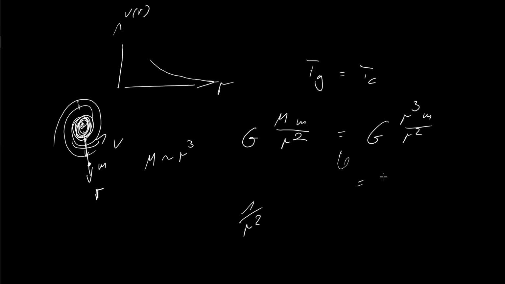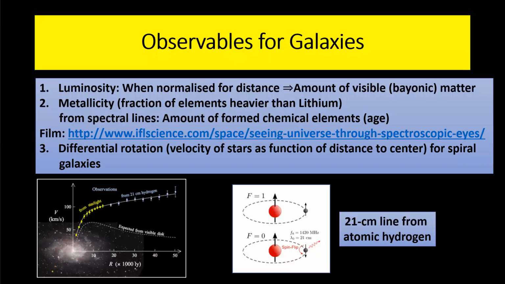So that would be proportional to r on the inside, just a straight curve, and then some bend-over region. So this is our expected curve, but then we have to scale it up or down according to the amount of visible matter that we have.